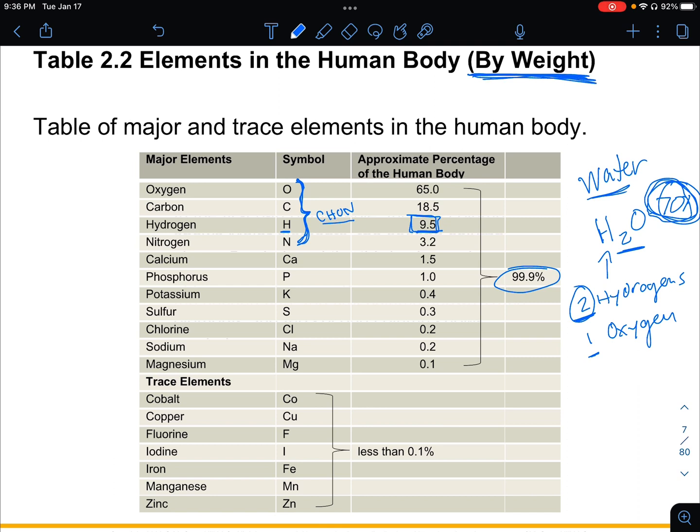We said by weight, and if we remember, the definition of weight is the amount of gravitational pull on the mass of that element. And if we also remember, oxygen has an atomic number of 8. So that means we are going to have 8 protons, 8 neutrons, and 8 electrons, 2 in the inner shell and 6 in the outer shell.